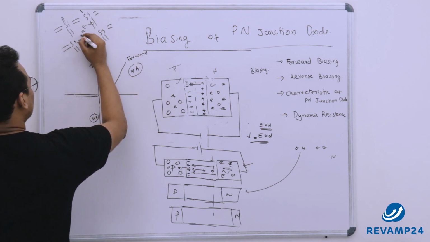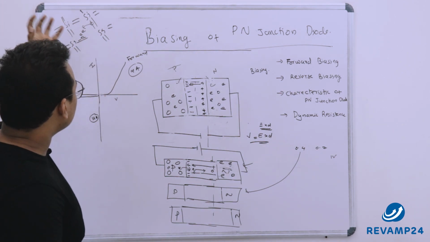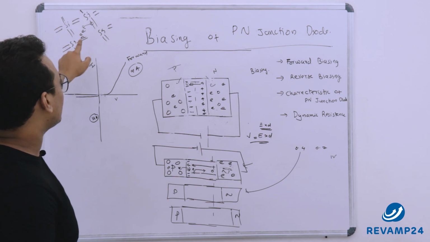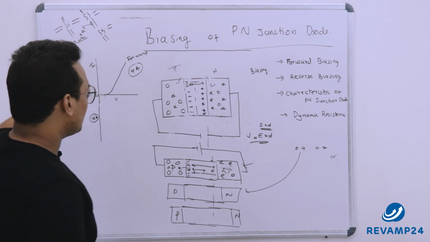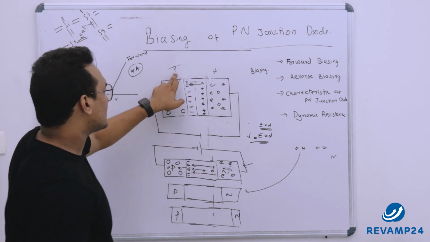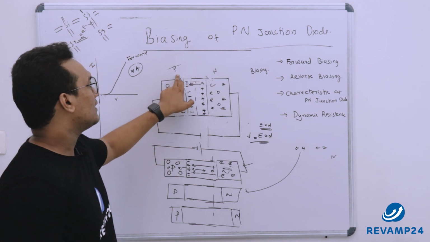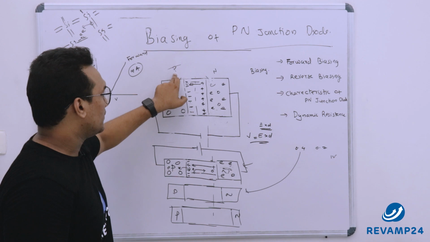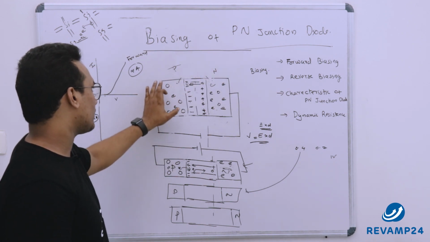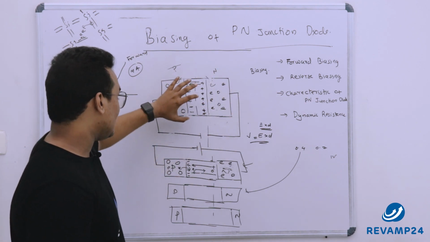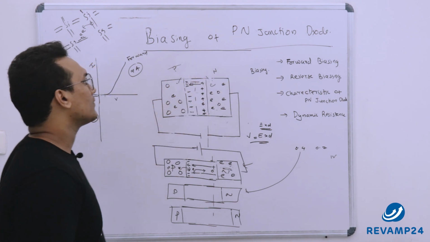So in an intrinsic manner, or when it is thermally generating free electrons, equal to that number we will have holes. But P type and N type have additional holes and additional electrons, because they are doped with trivalent atoms and pentavalent atoms. That is the reason for the majority charge carriers here, holes and here electrons.